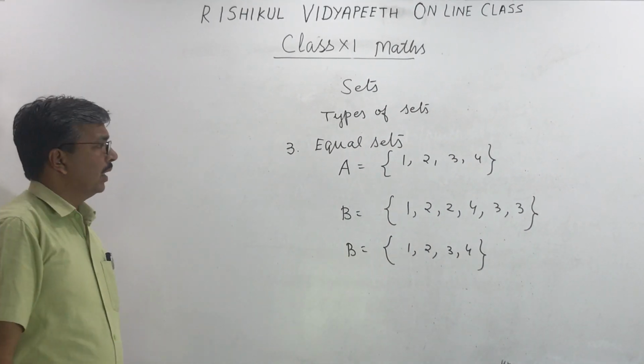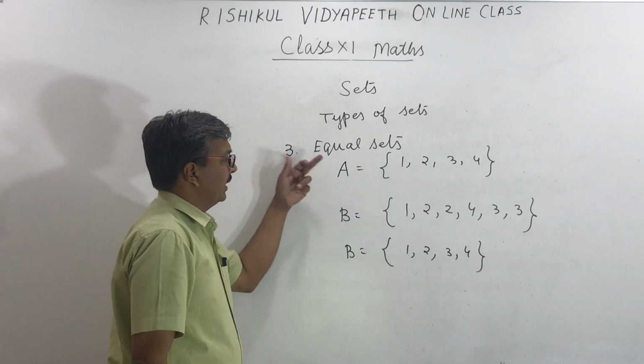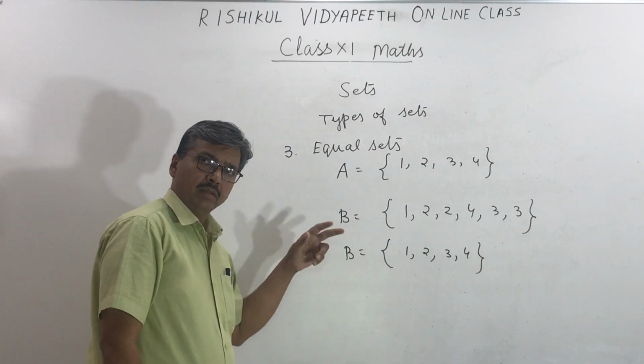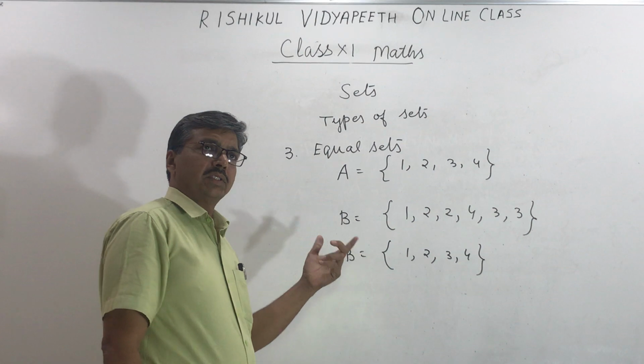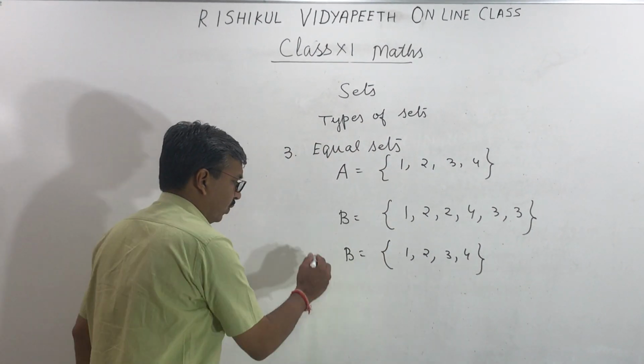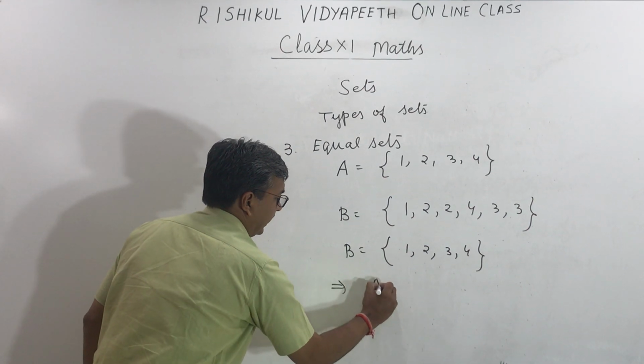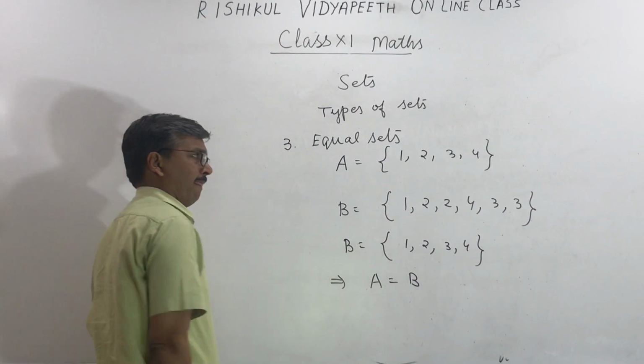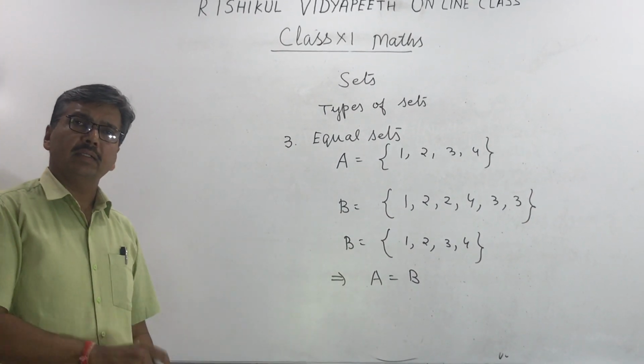Okay. Now, if we see set A and set B, both are equal because both have the same elements. Therefore, A equals B. We can take another example.